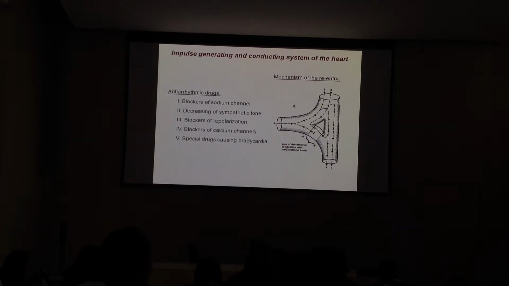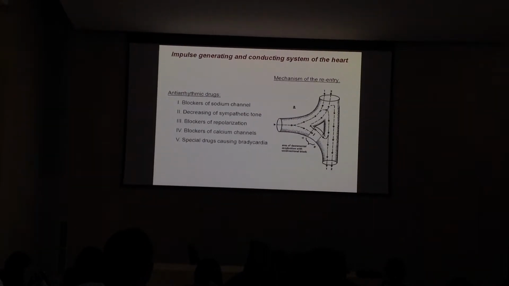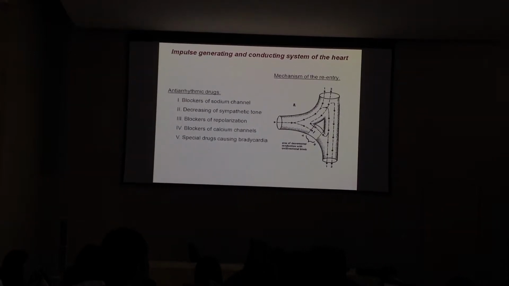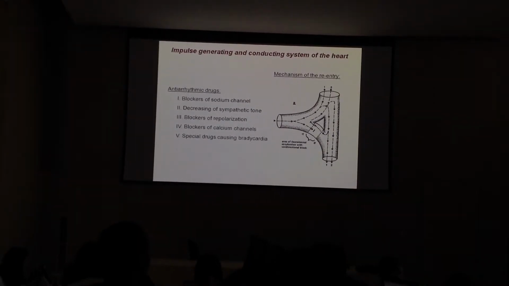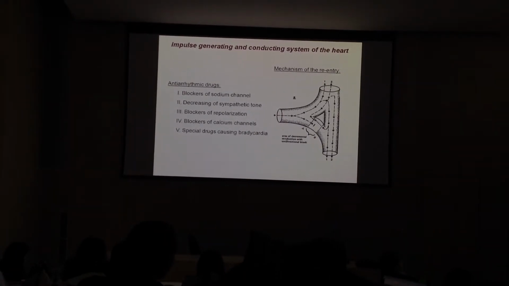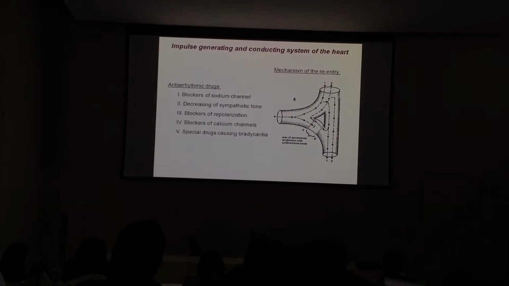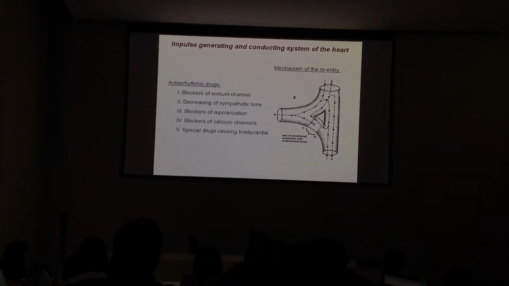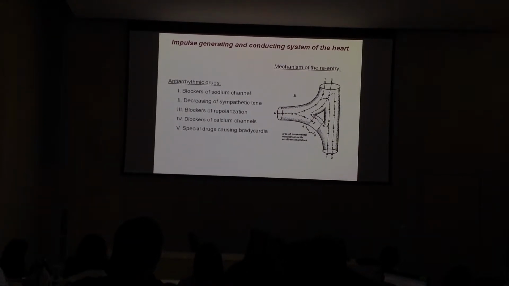So the name of the mechanism is re-entry, that the action potential can enter again to where before it could not enter because it was depolarized. But because the membrane had enough time to repolarize, the extra action potential can reach and can be that extra action potential.